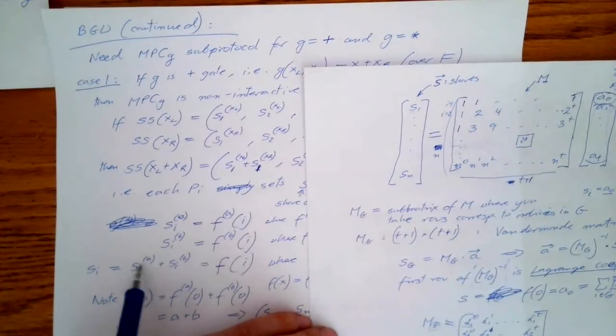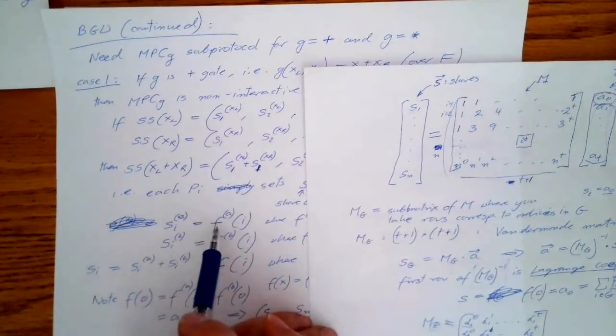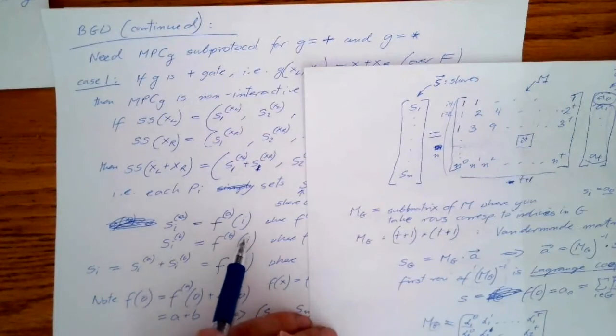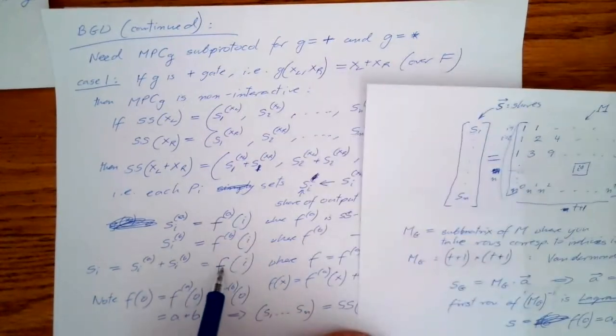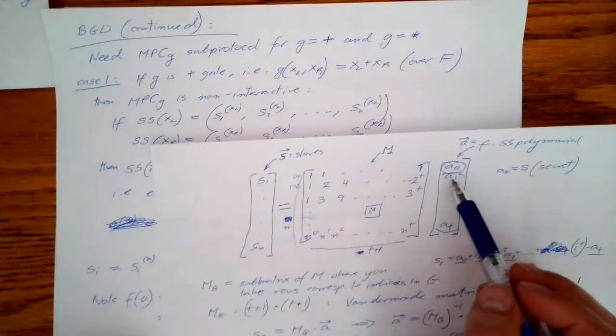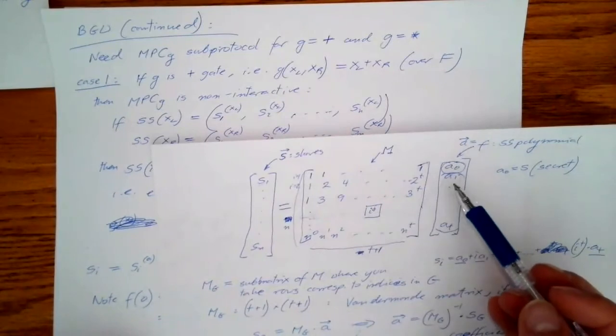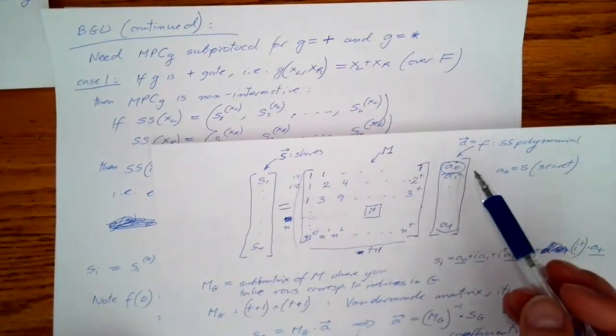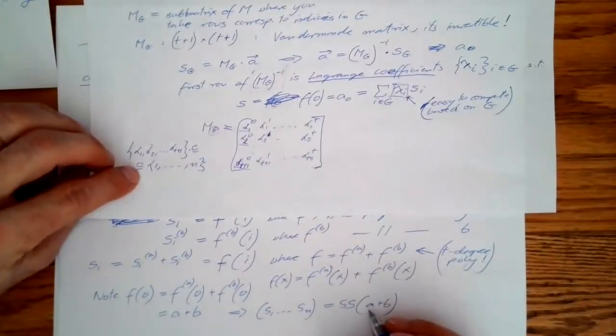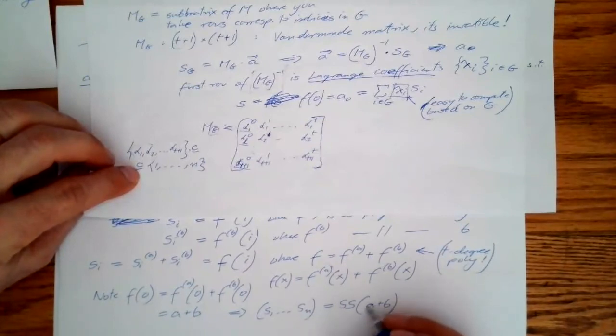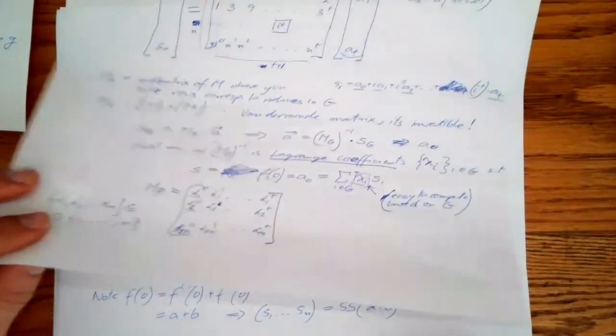If I add the two vectors, it is m times a plus b. So that's exactly a plus b as the coefficients that define f. And what's the free coefficient of a plus b? It's the free coefficient of a and the free coefficient of b added, right? So this corresponds to the secret sharing of a and the secret sharing of b.